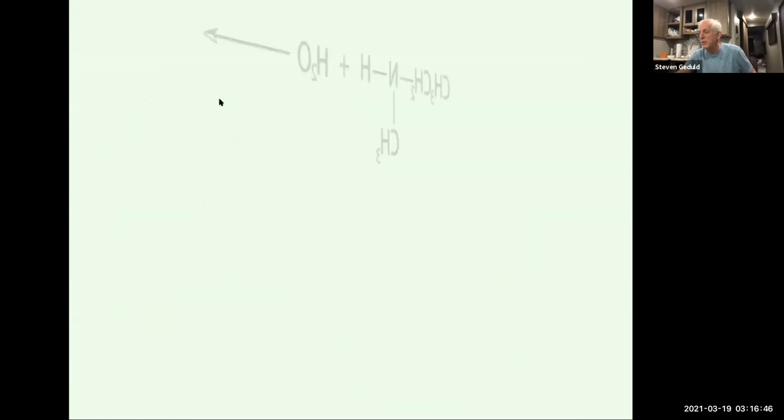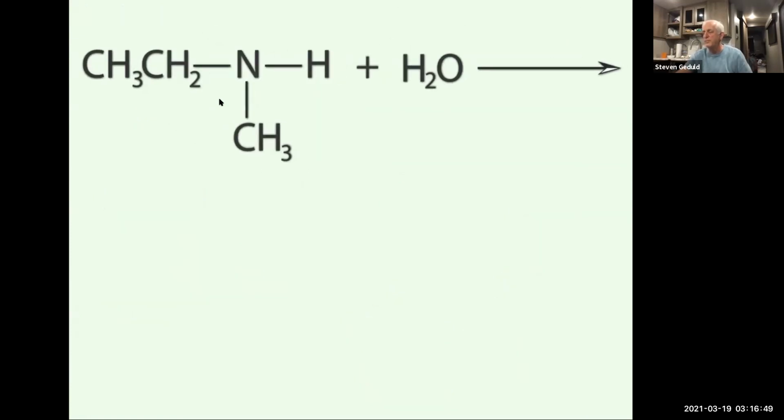Okay. What would this form? Now remember, these are bases in solution. Bases accept a proton and produce OH minus. So water is HOH. The hydrogen attaches to the non-bonding electron pairs here, and you get OH minus, and then you would get the salt.